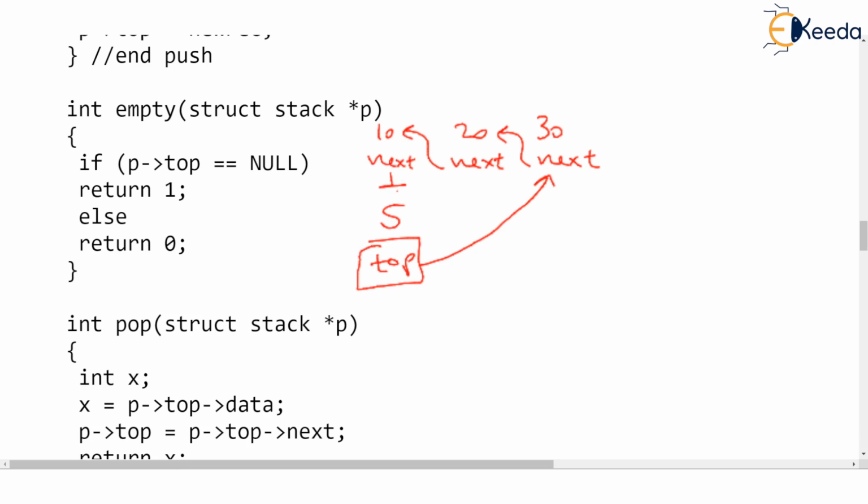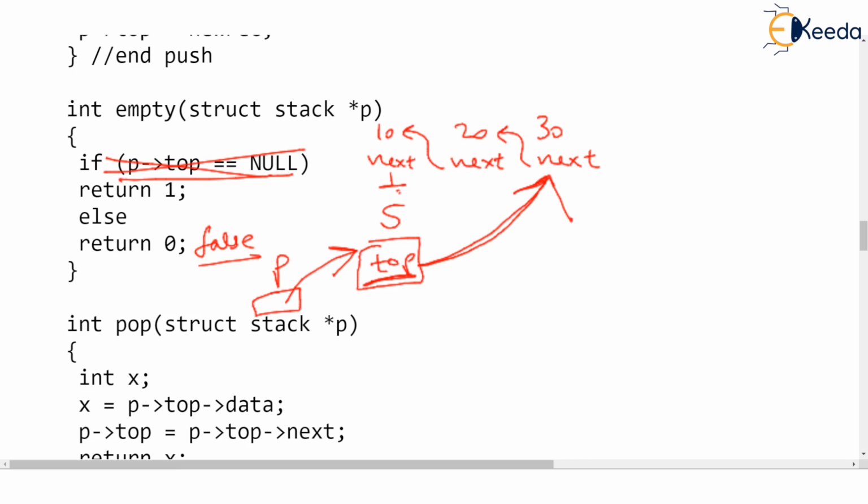What you see is top is not null here, isn't it? Top is pointing to 30. That means p arrow top equal to null is false. So the function is going to return 0, which is false. What that means is false is returned means stack is not empty.